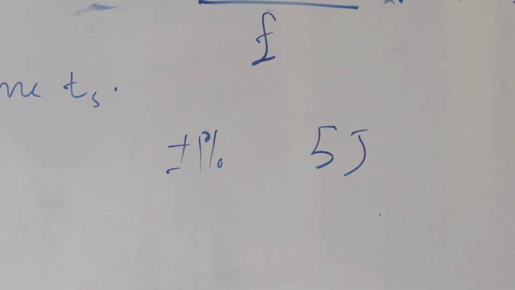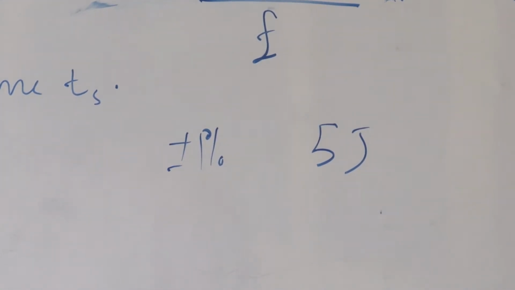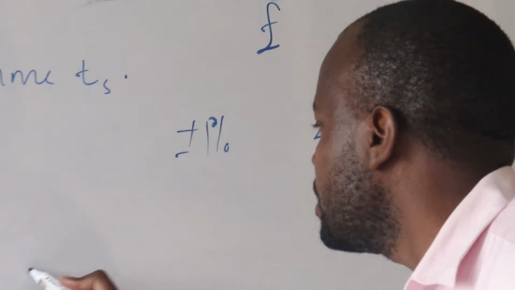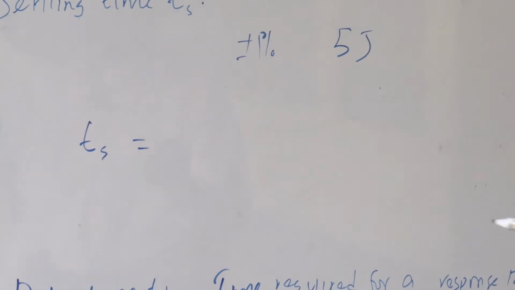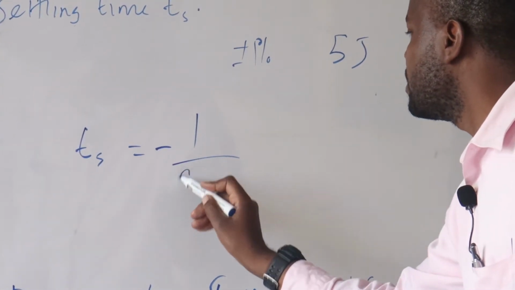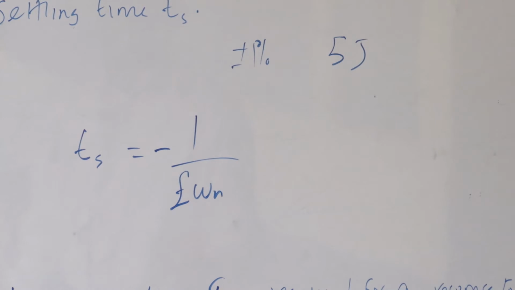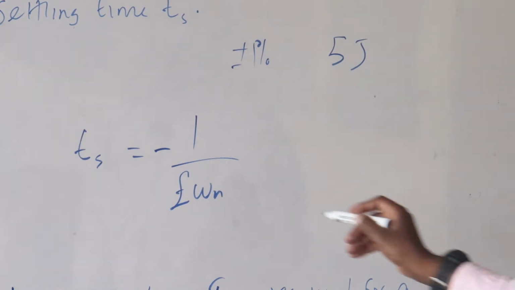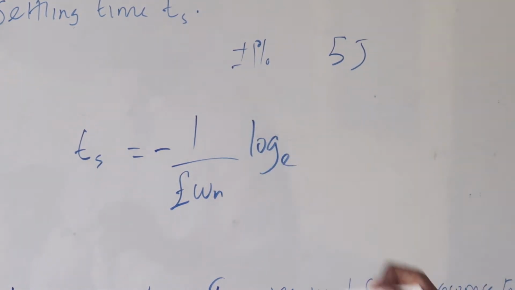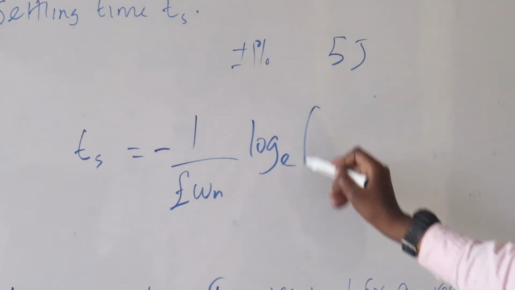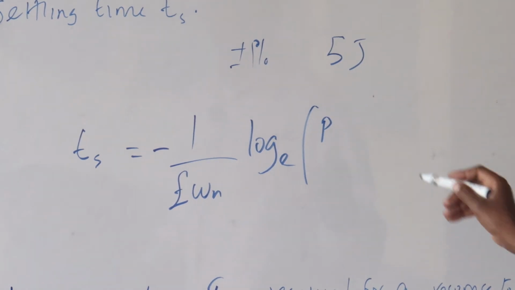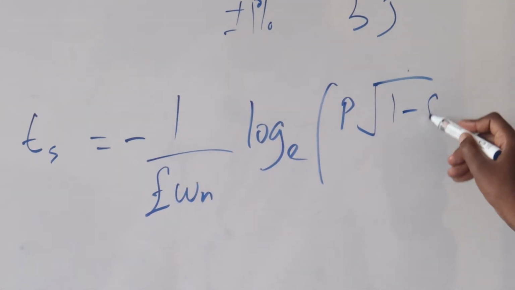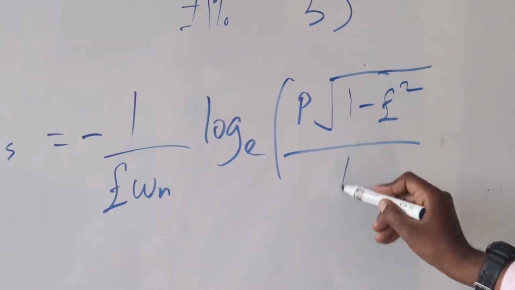And therefore, we can say that the settling time TS is given as negative of log to base e of the tolerance times root of 1 minus zeta squared, all over zeta omega n, where the tolerance is expressed as a percentage over 100.